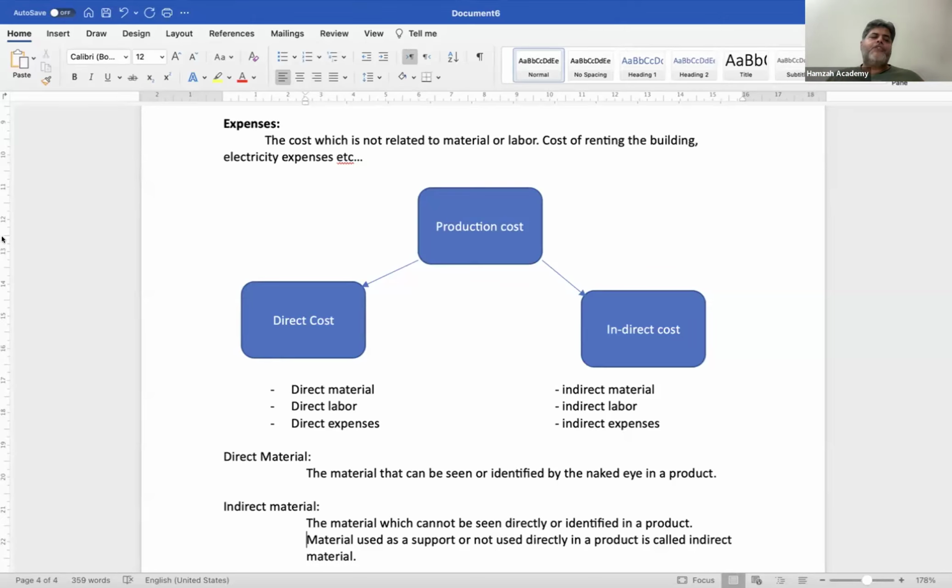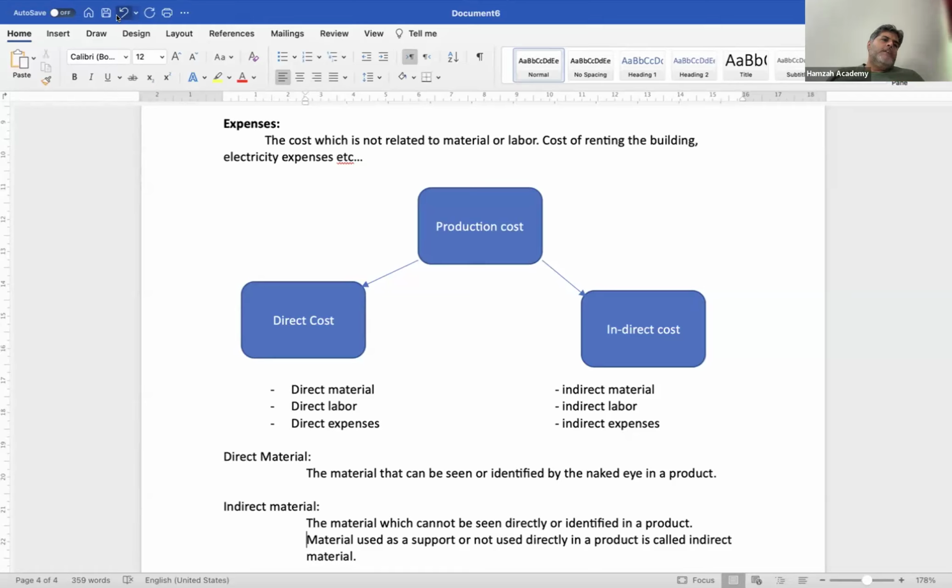Now, apart from what we can identify from the naked eye or not, if we go the other way around in order to identify what is going to be the direct material and what is going to be the indirect material, the more logical point to understand it is simple: the direct material is the cost of the material which can be directly attributed to the product, overall speaking.